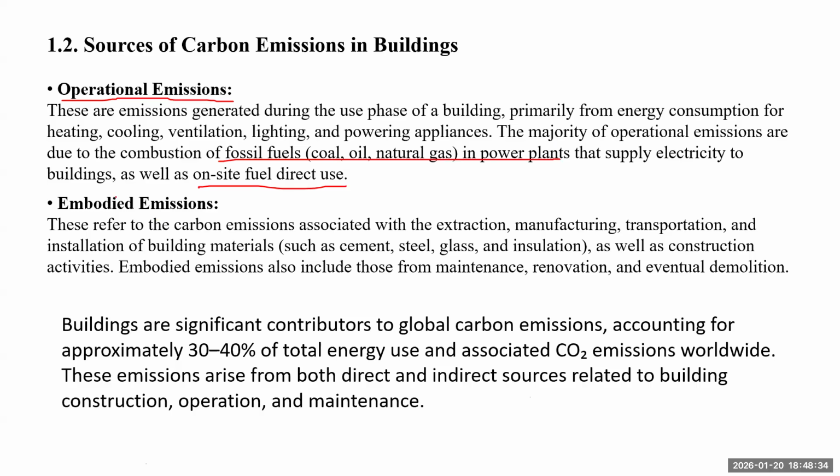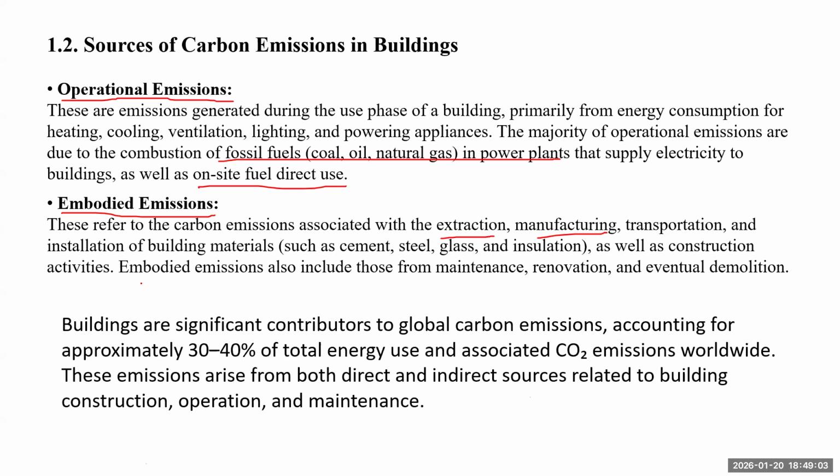And then there are carbon emissions in our buildings due to the embodied emissions. That means these emissions are associated with the extraction, manufacturing, transportation, and installation of building materials, as well as construction activities. Embodied emissions also include those from maintenance, renovation, and eventually demolition.